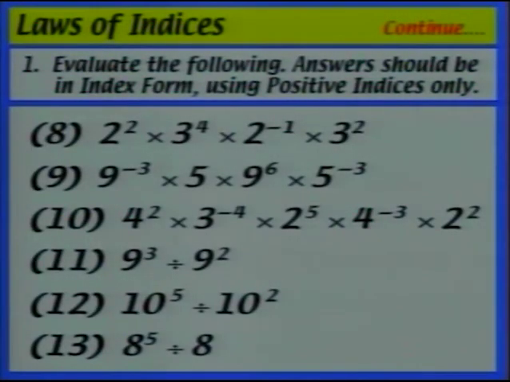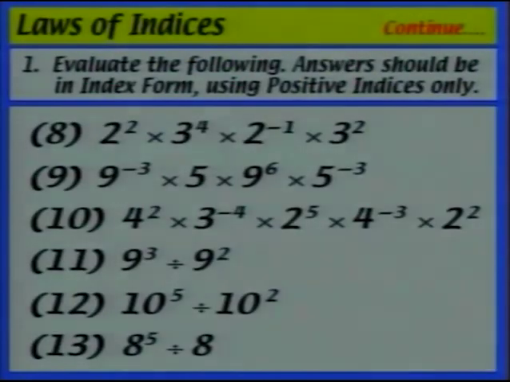Correct. Number 9, Livingston. 9 cubed over 5 squared. Correct. Kila, number 10.